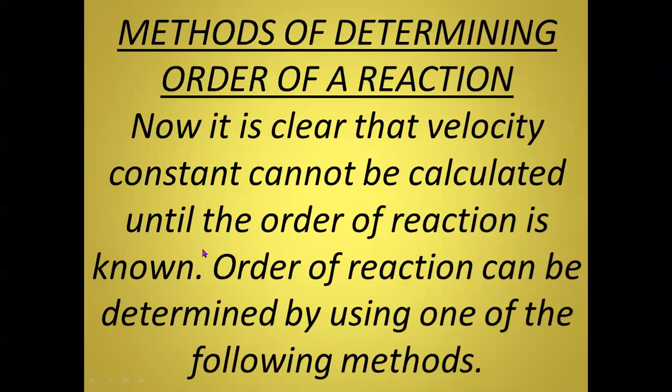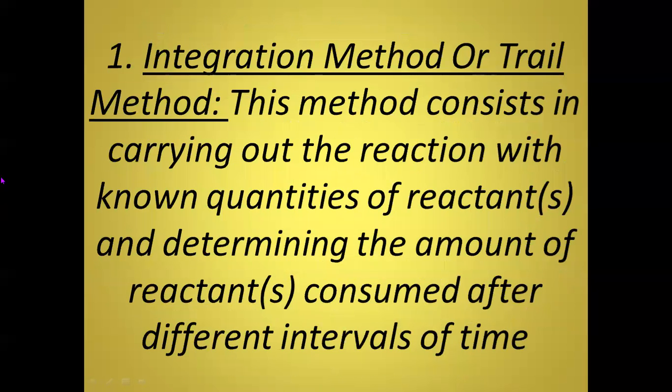To determine the order of reaction, we have different methods. First one is integration method or trial method. This method consists in carrying out the reaction with known quantities of reactants and determining the amount of reactants consumed after different intervals of time. This is a lengthier process, but it is an experimental one, in which we allow the reactants to mix and then start the reaction.